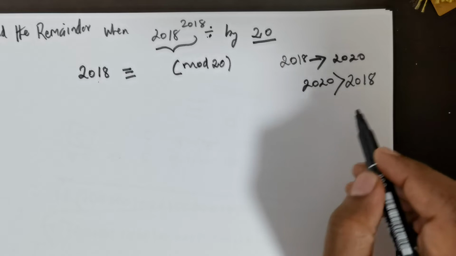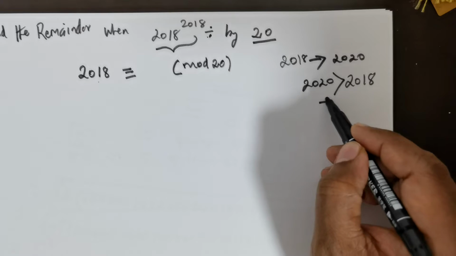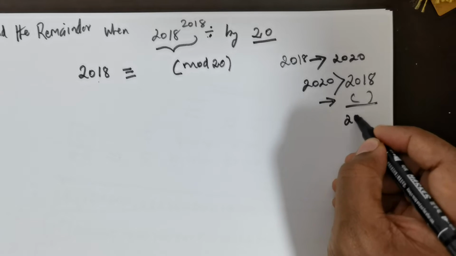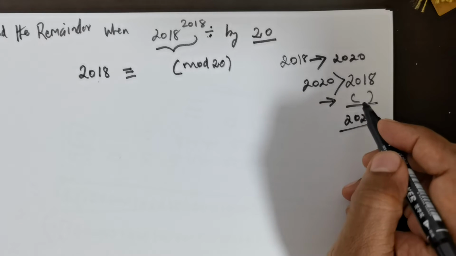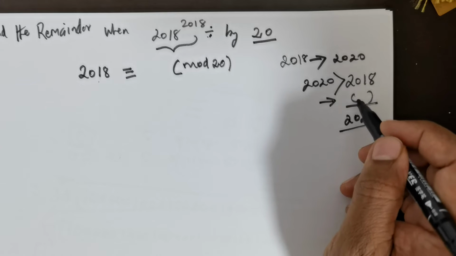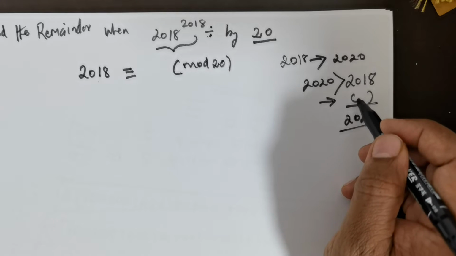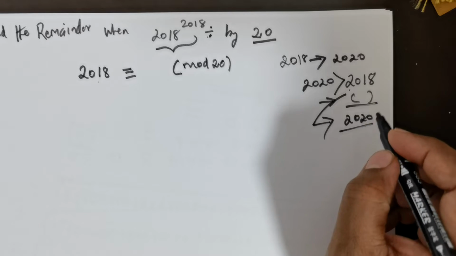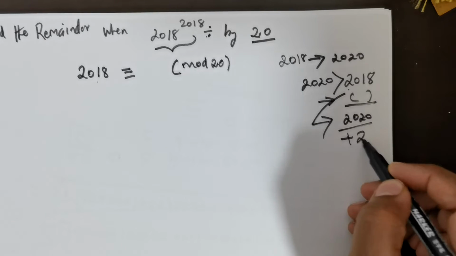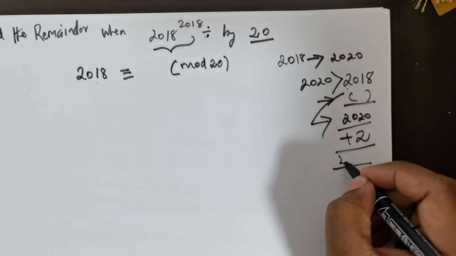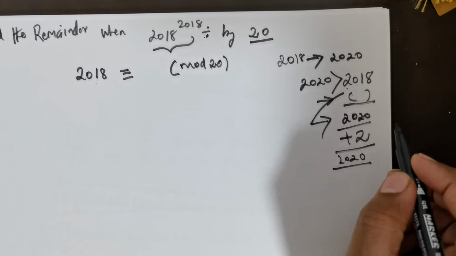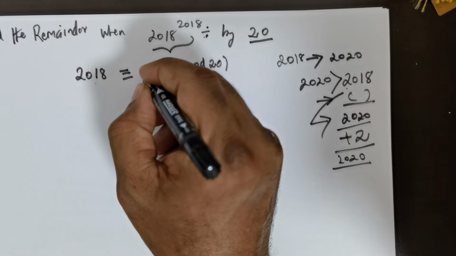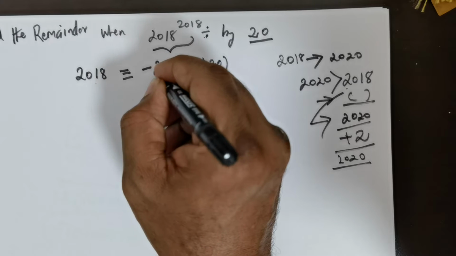In other words, you will have to add some quantity to 2018 so that you get 2020. Now the question is, what would that quantity be? Definitely you need to add 2. If you add 2, you would get 2020. In other words, take that 2 and place it over here with a negative sign.